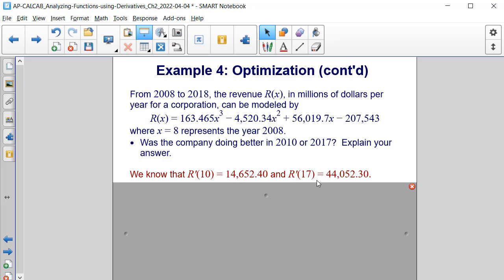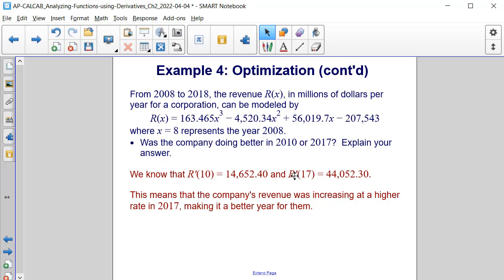And we know that the rate at which the revenue was changing in 2017 is $44,052.30. So clearly, since the company's revenue was increasing at a higher rate in 2017, that's a much better year for them.